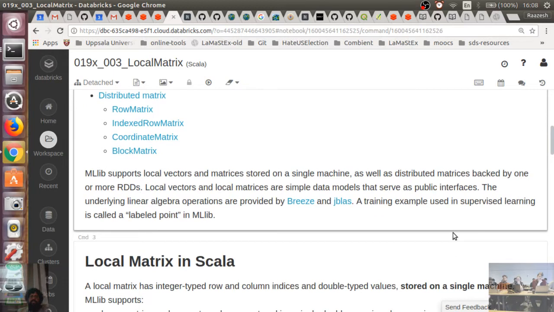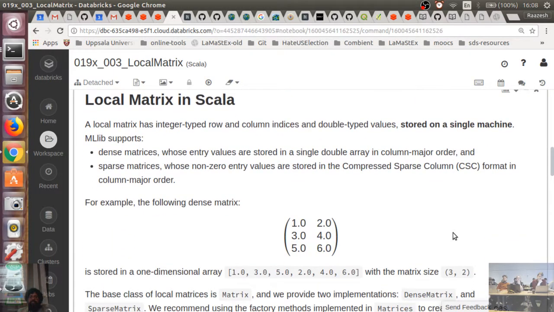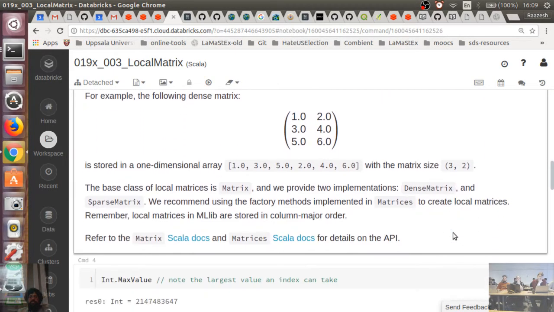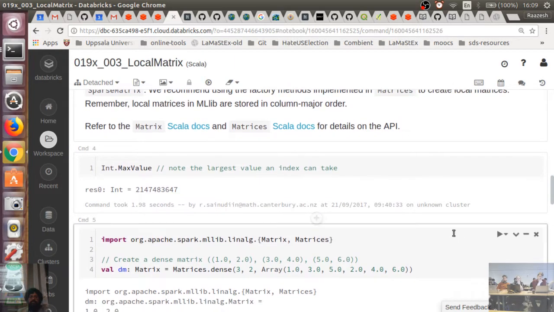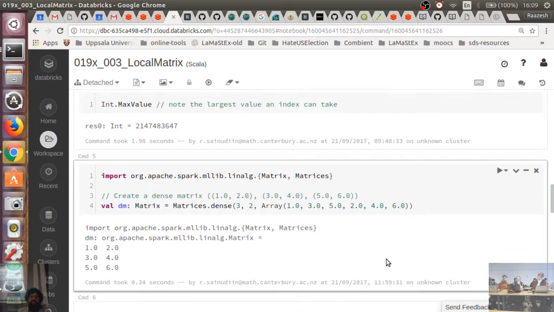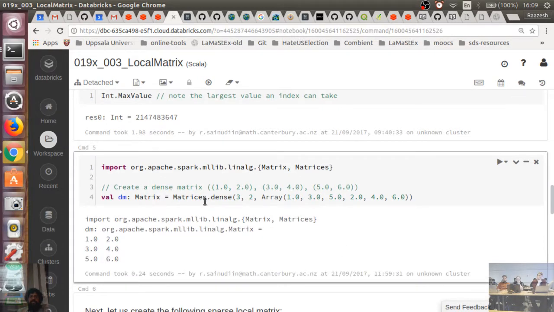Then local matrices. This is basically what we've seen, our usual. So you can have MLlib matrix and matrices. You can have a dense matrix, and now it's slightly different. We're now using matrices.dense, and you have to specify the number of rows, number of columns, and then you specify the matrix as an array because it's a 1D zigzag indexing.